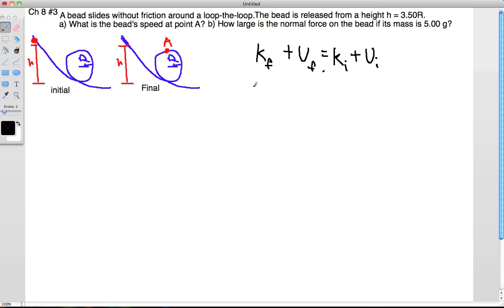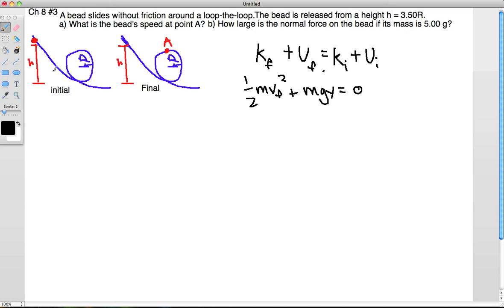And for the equation, K final, you get 1/2 m v final squared plus mgy equals 0, because the velocity for the initial picture is 0, because that's where it starts.